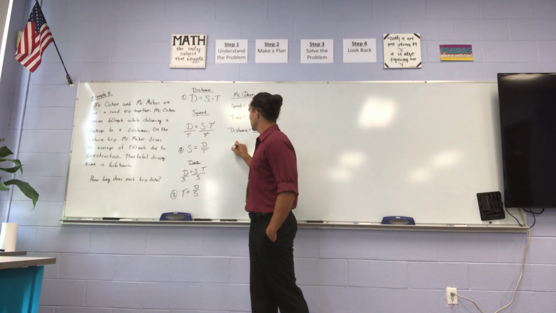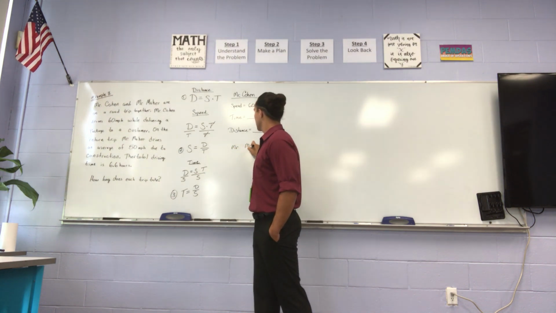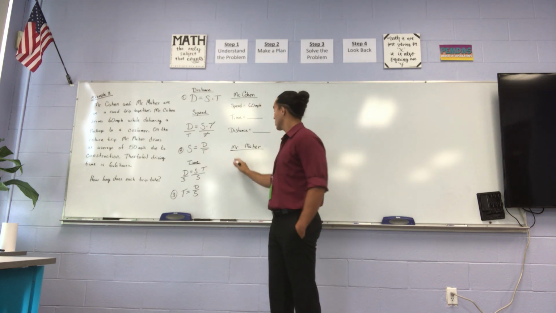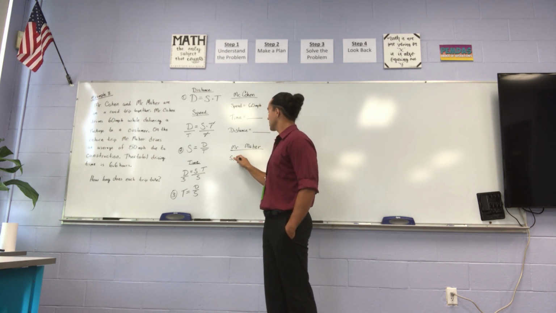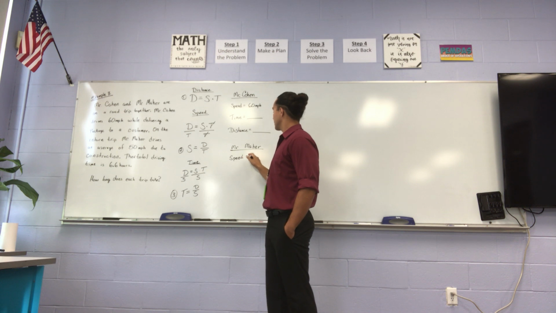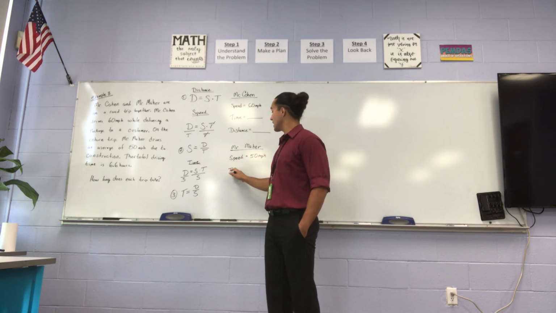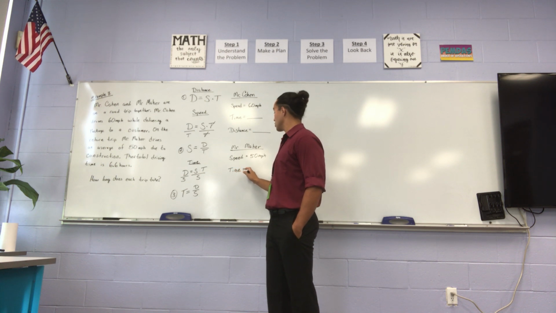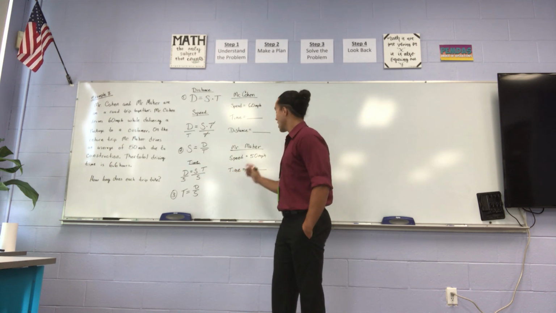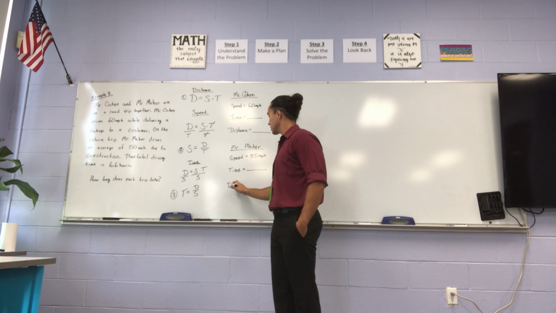For Mr. Marr, similarly, we know that his speed is 50 miles an hour. We don't know the time for his individual trip, and we don't know the distance.